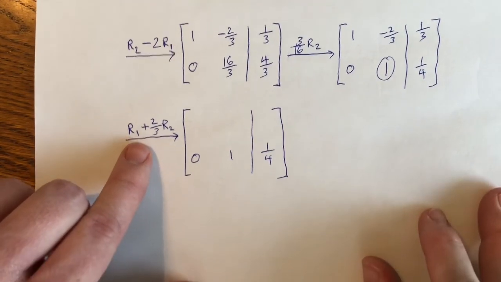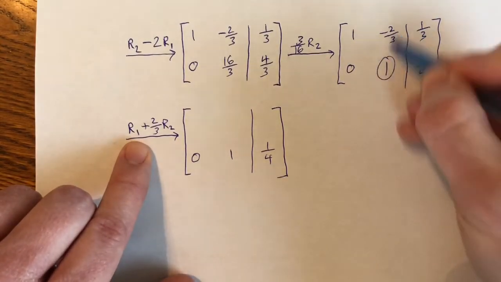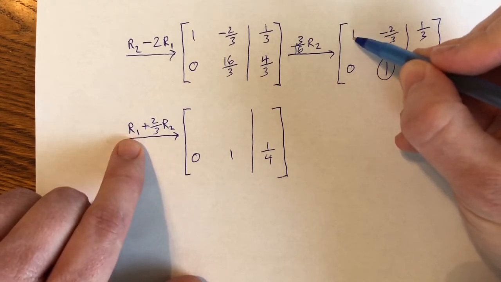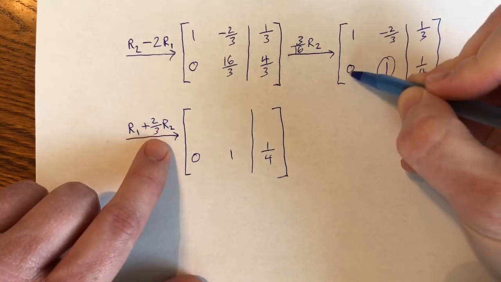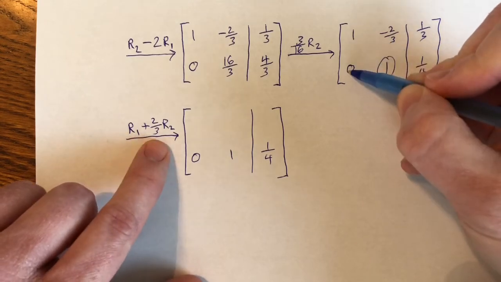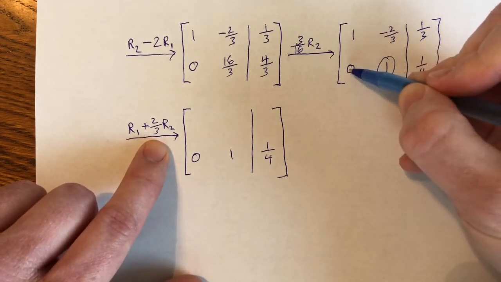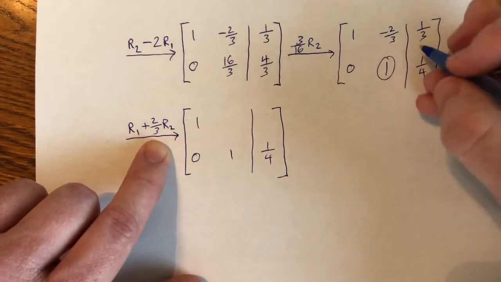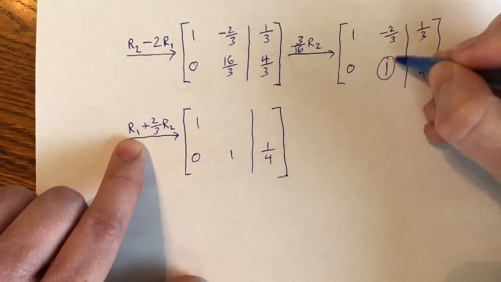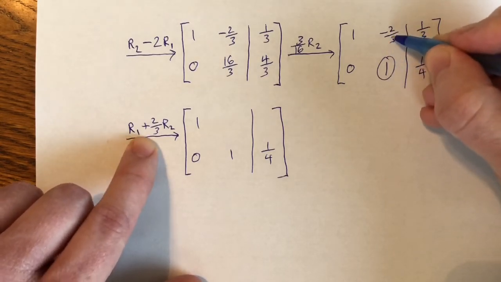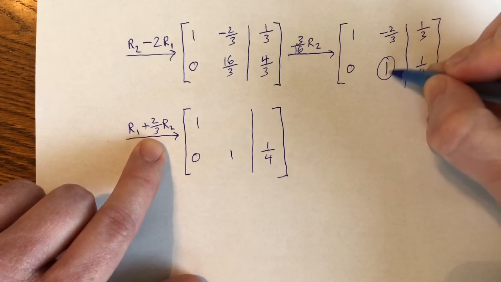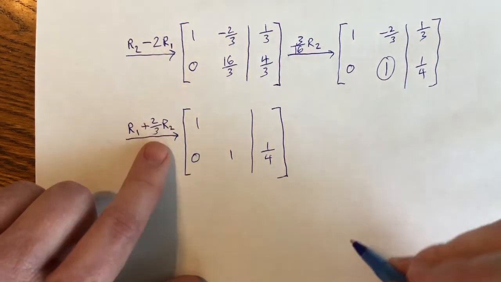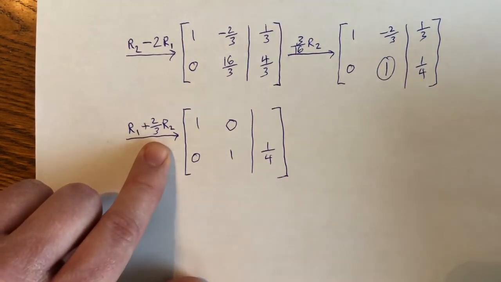All right, here we go, going from left to right. Row 1: 1 plus 2/3 times 0 is 1 plus 0, which is 1. So note, this column stays exactly the same. Moving to the second column, row 1: negative 2/3 plus 2/3 times 1. This is the whole point of doing this, because you get negative 2/3 plus 2/3, which of course is 0.